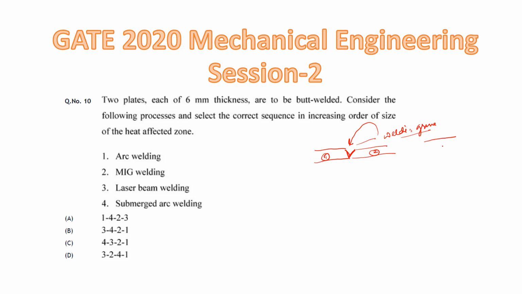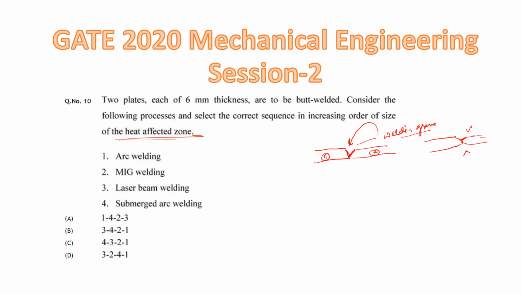So what happens whenever we do butt welding, we make something like this. The groove is made double V. This is called a double V groove because on the top side it is V, the lower side also it is V. So it is asking about the heat affected zone, right?